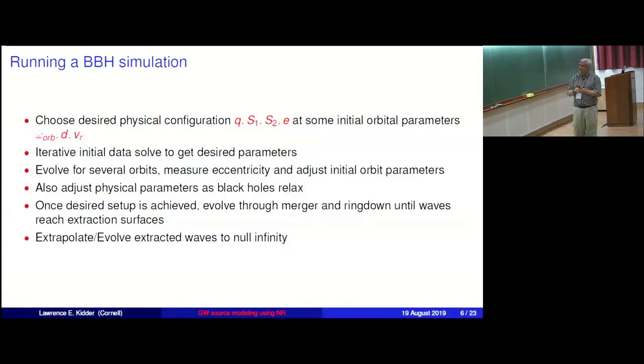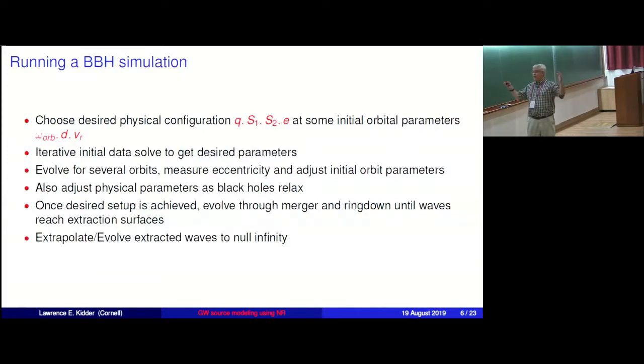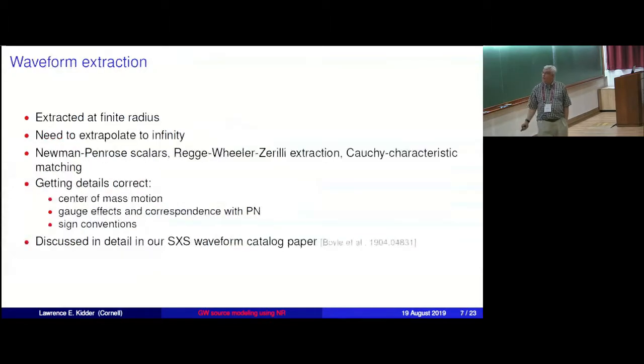Once your desired setup is achieved, you then can evolve through merger and ringdown until the waves reach your extraction surfaces, and then you need to extrapolate your gravitational radiation from finite radii, or else evolve it to infinity using some sort of Cauchy characteristic evolution. So the waveform extraction procedure typically works like this. You measure the radiation at several radii.